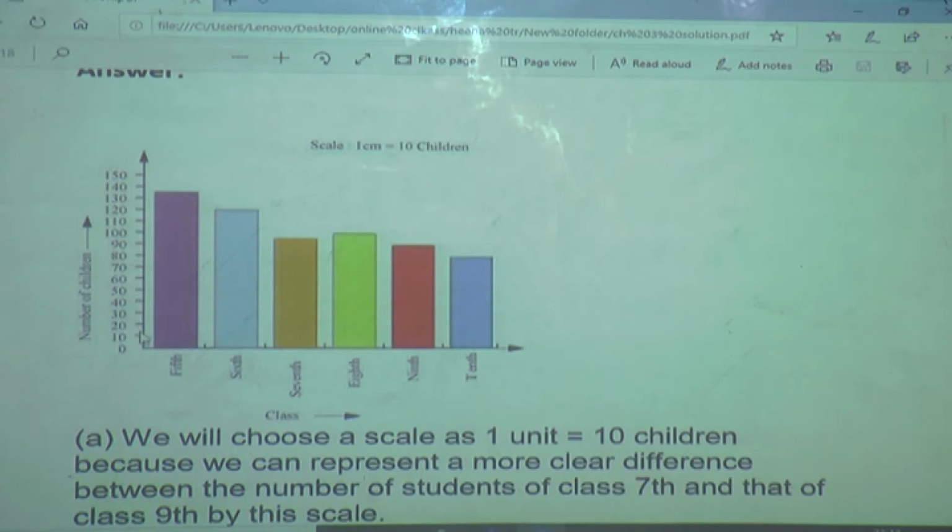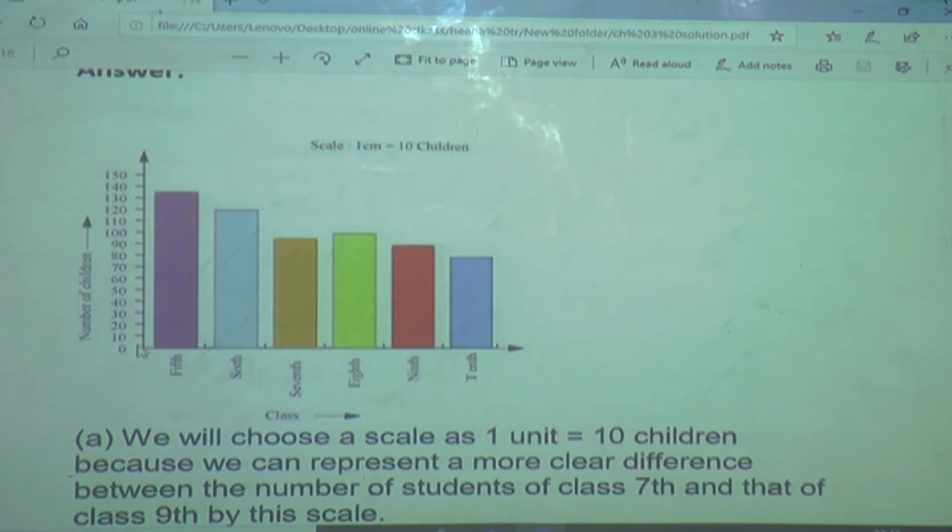So the difference between these two scales should be 20. If after the 0 you write 20, then 1 centimeter is equal to 20 children. It's not that only whatever the teacher says; you can prepare your own scale, that should fit in your graph paper.